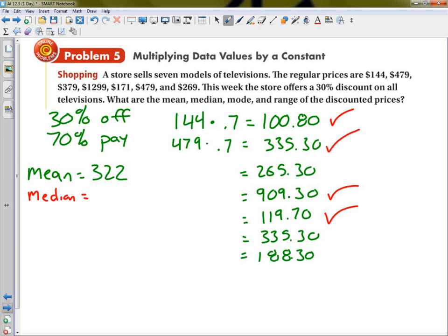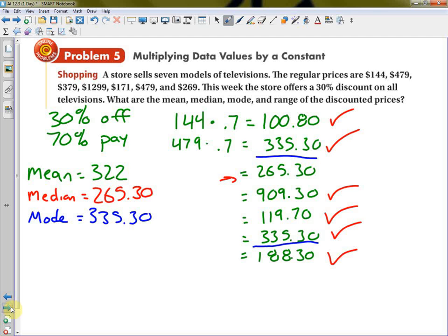Next lowest is 188.30. Next highest is 335.30. Which leaves me with 265.30 as being my median. My mode, which again is most often occurring, is going to be this 335.30.